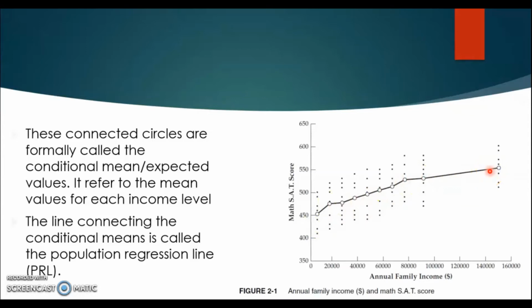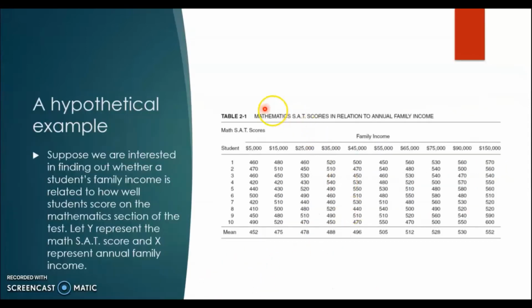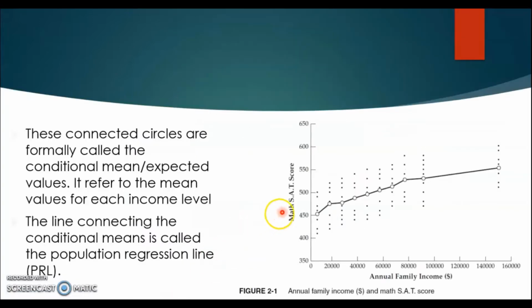And since this data represents a population of high school students, this regression line can be called the population regression line.